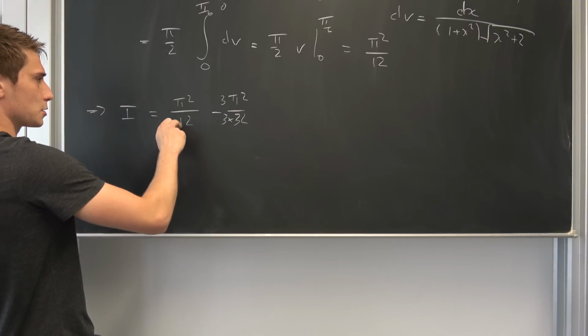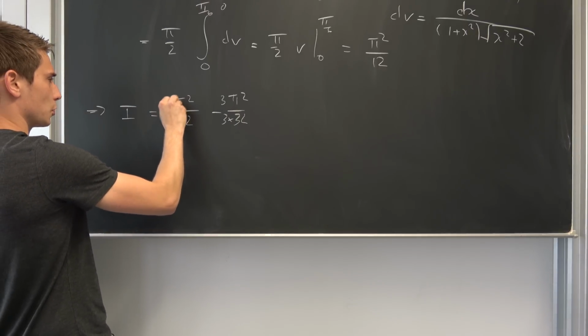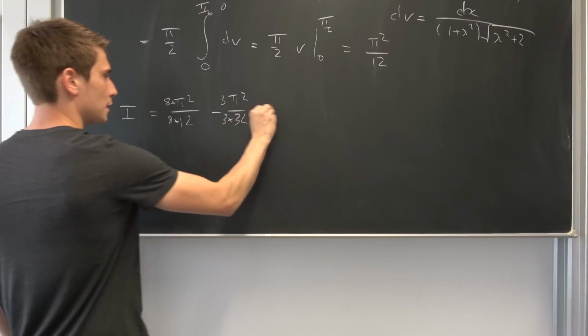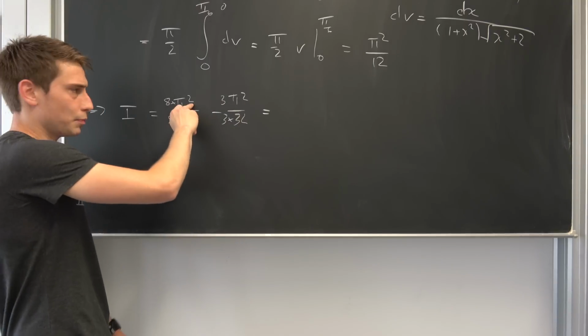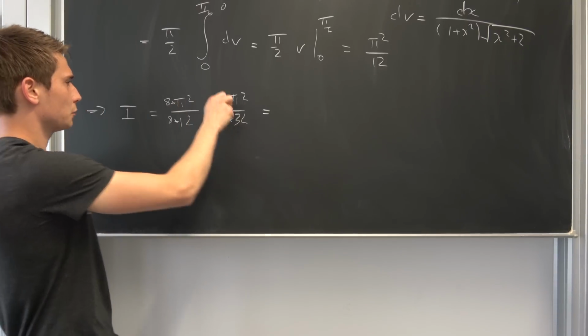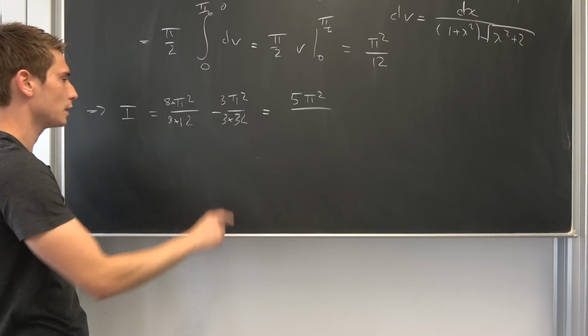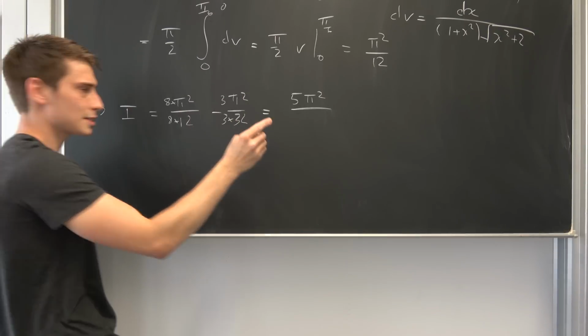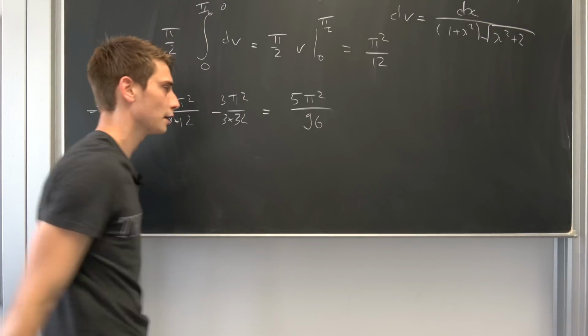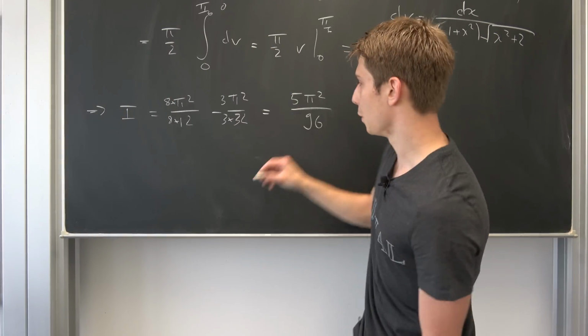And we can multiply this by 8 over 8. That should work out. This is going to be 8 pi squared minus 3 pi squared over 96, I'm sorry, not pi over 2. And this right here is 5 pi squared over 96, if I'm not mistaken.